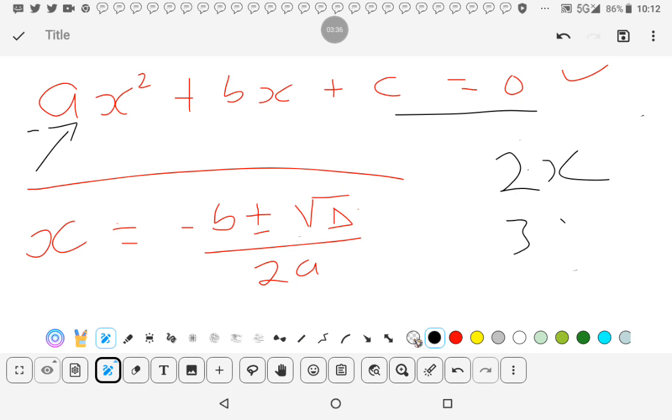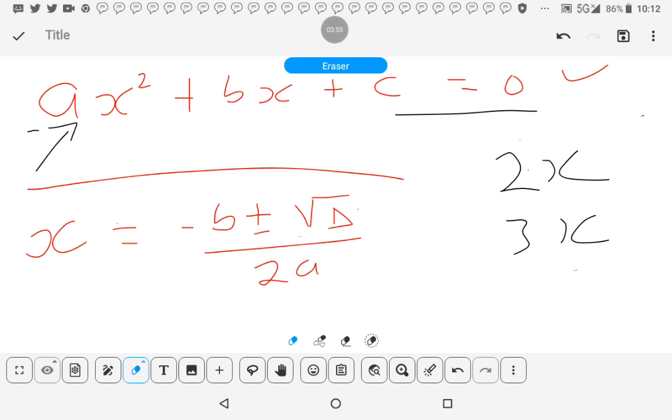If I have 3x, the coefficient of x is 3. So a stands for the coefficient of x squared, whereas b stands for the coefficient of x. A coefficient is basically that particular value that is multiplying a variable.